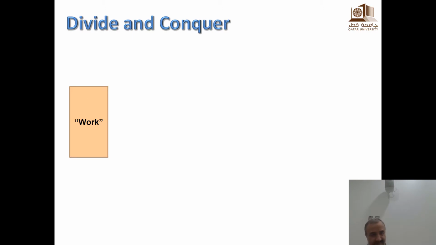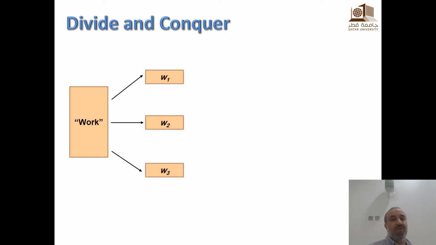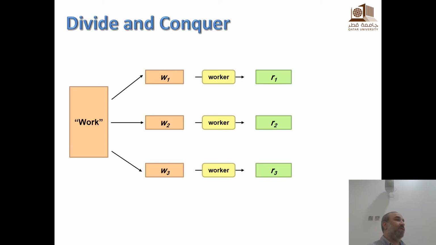So we have a piece of work. Let's say that this is our problem, but now we are talking about data, so that's why it's called work here. We have a large amount of data and we want to do something with it. So we will divide it into small pieces of data. Then each piece we will assign to what we call a worker. This is a machine or a processor or a core, some computing unit that will be responsible for processing this piece and producing something out of it.